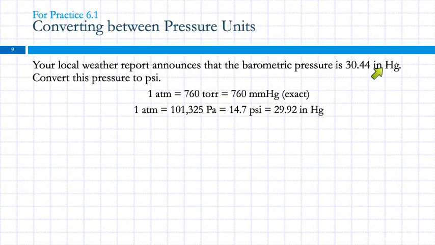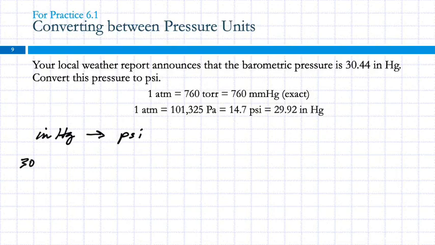So here if I have inches of mercury and I want psi, here's psi, here's inches of mercury, there's my relationship. I can do this in one step. So I've been given inches of mercury, and I'm going to go to psi, and I can do it in one step.